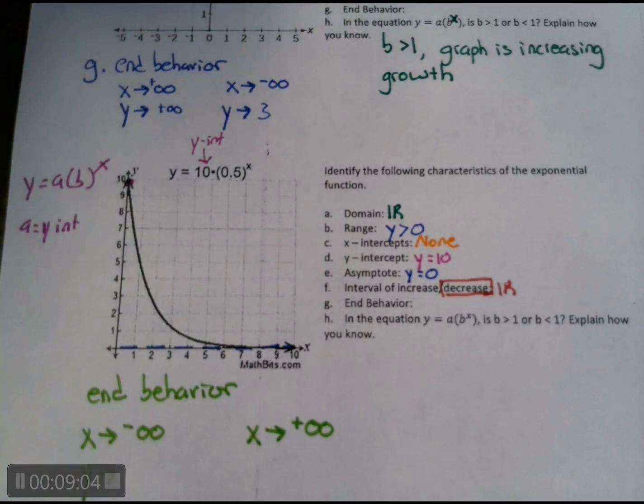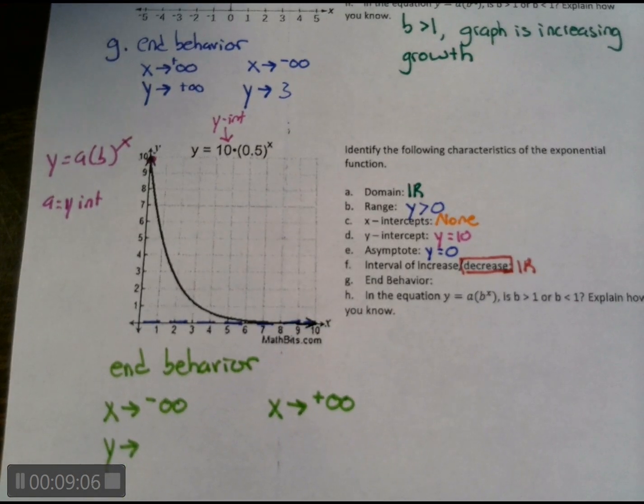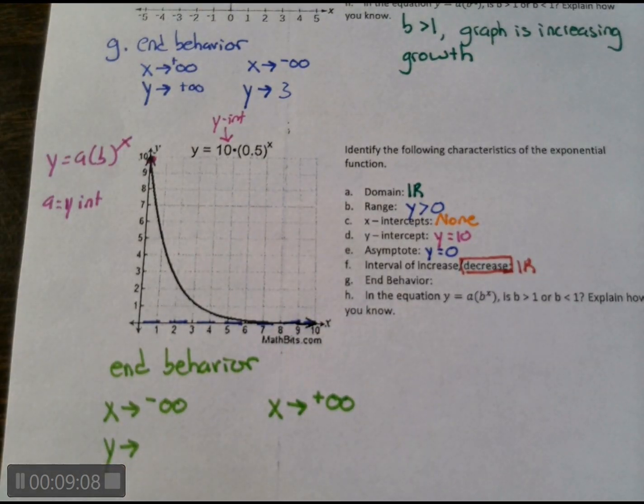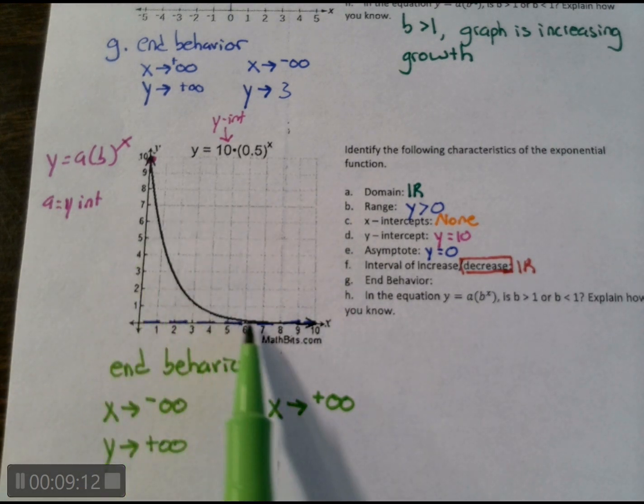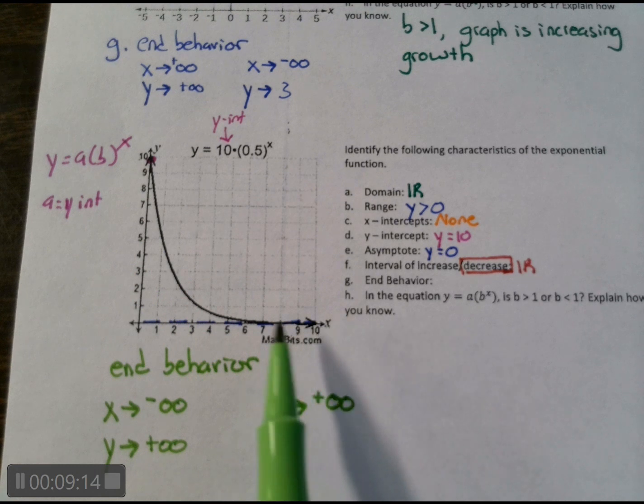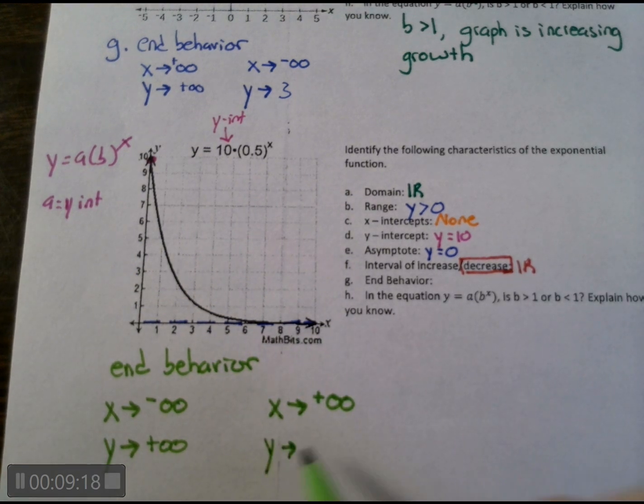Ooh, you cannot see that at all, can you? There we go. Y approaches positive infinity. Beautiful. And so then as x approaches positive infinity, what's y approaching? Our asymptote. Good. So y approaches 0. We doing okay? Alrighty.